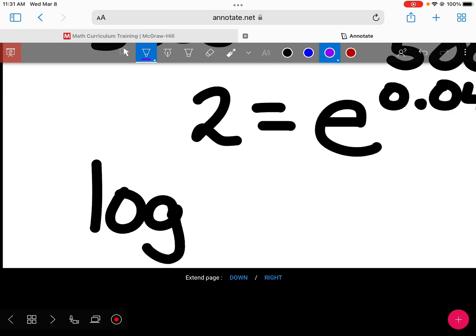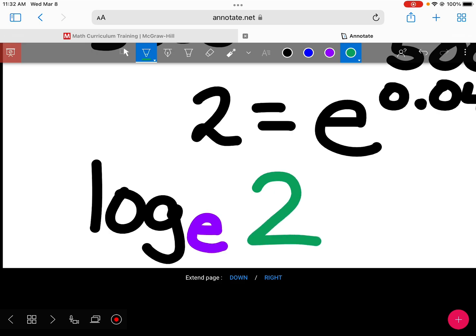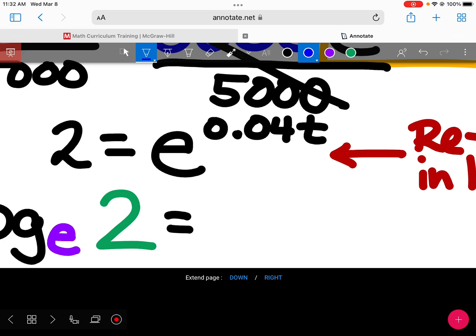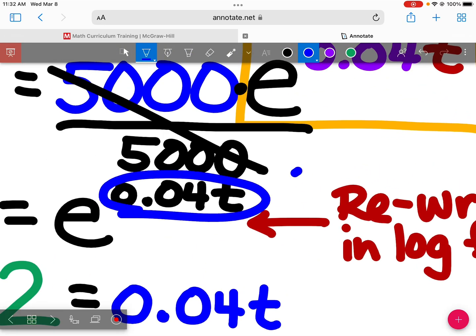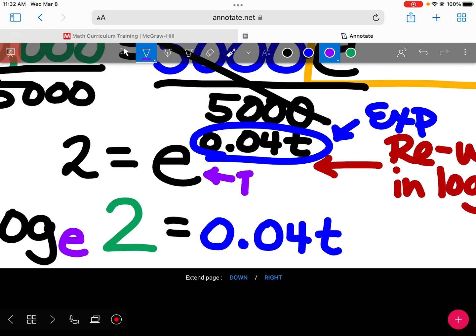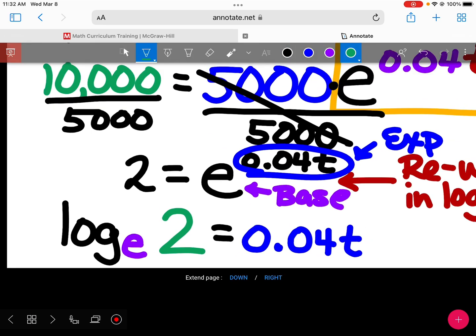The base. What's our base? E. What comes after we do LOG and the base? The 2. What do we call that 2? The argument. So log base e of 2 equals what? 0.04t, the exponent. Here's the exponent. Here's the base. Here's the argument.